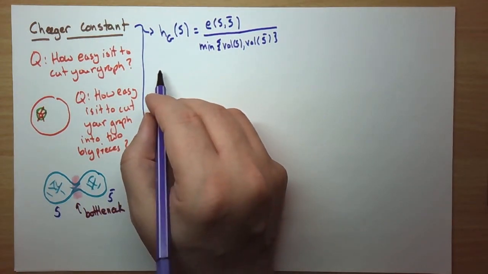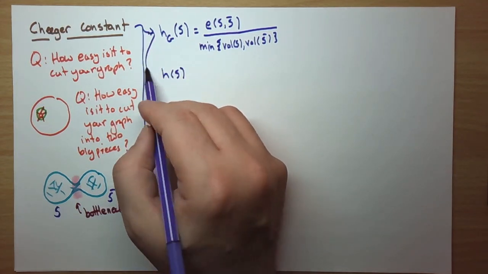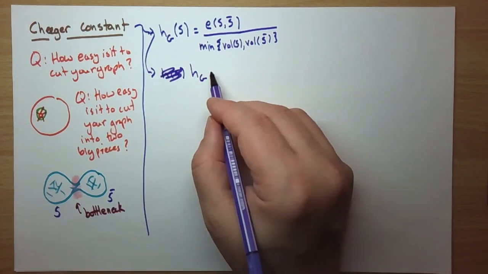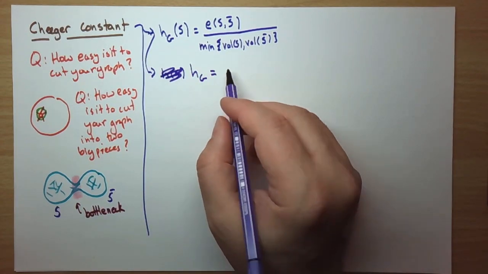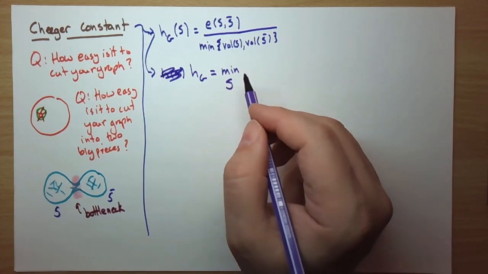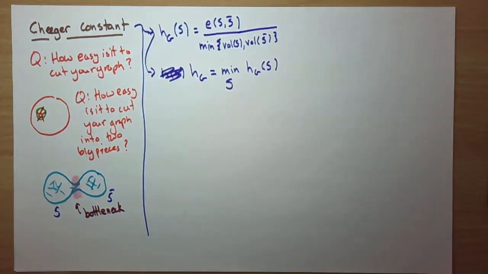And so we can say that h of G, and this is what is called Cheeger's constant, is going to be the min over all S of this measurement of how good is that way to cut. So we're after the best cut.